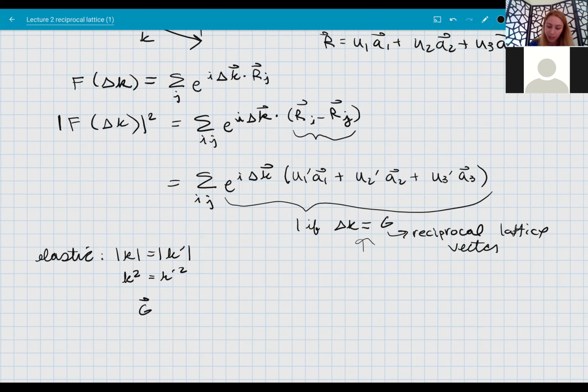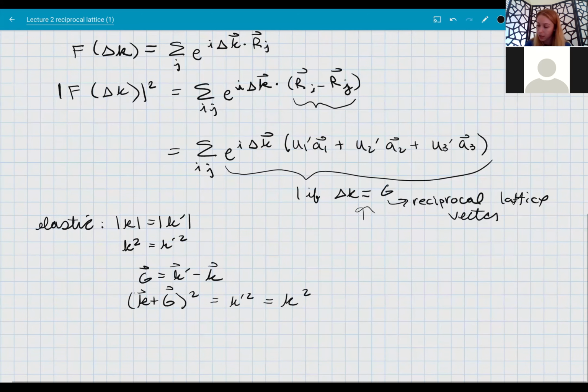So we have g is equal to k prime minus k. And then we have k plus g, just moving k to the other side. Sorry, these are all supposed to be vectors. k plus g squared is equal to k prime squared, which is equal to k squared.